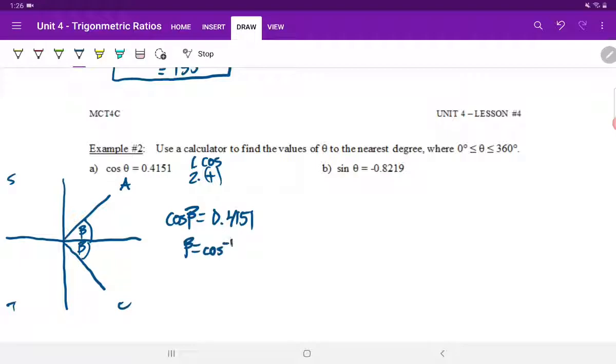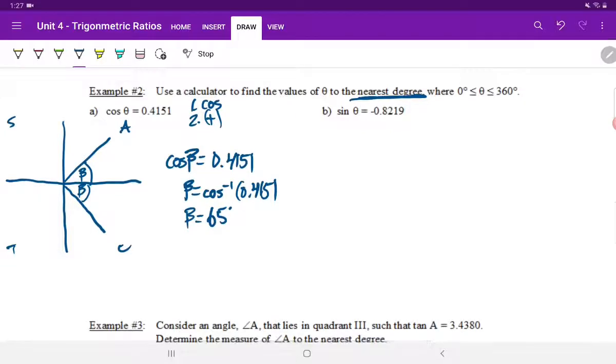Then find the inverse of 0.4151, and you will get 65 degrees. Now it says to the nearest degree, right? So rounding to the nearest degree, we got 65 degrees.